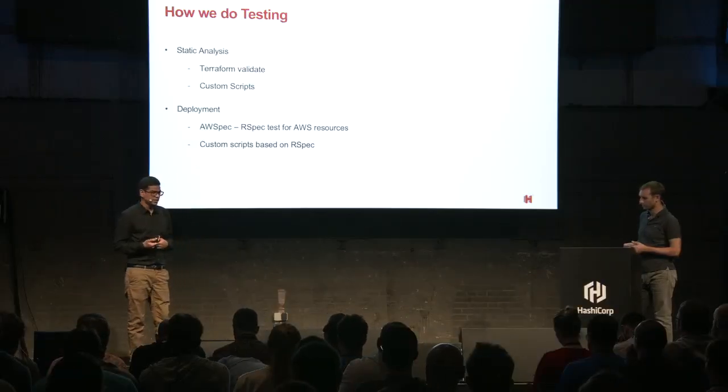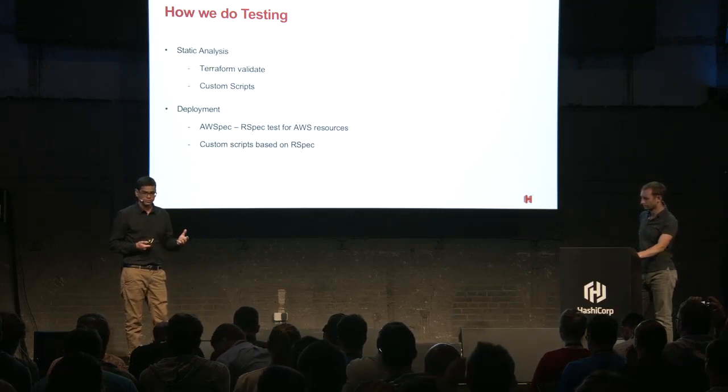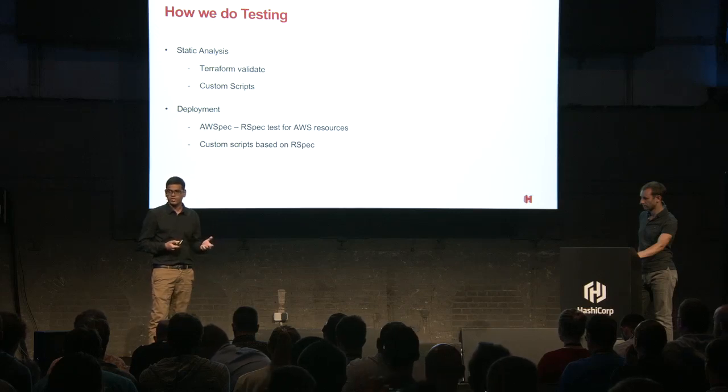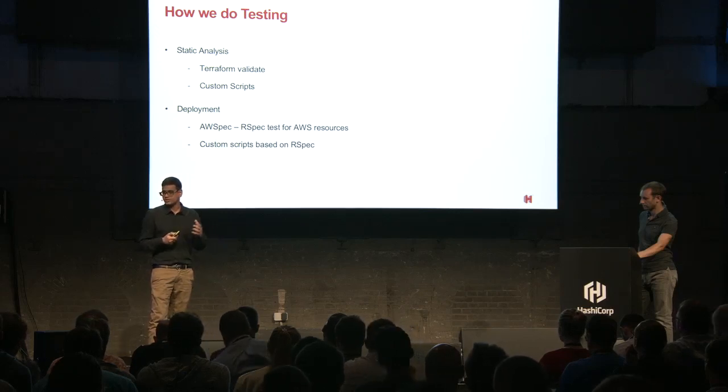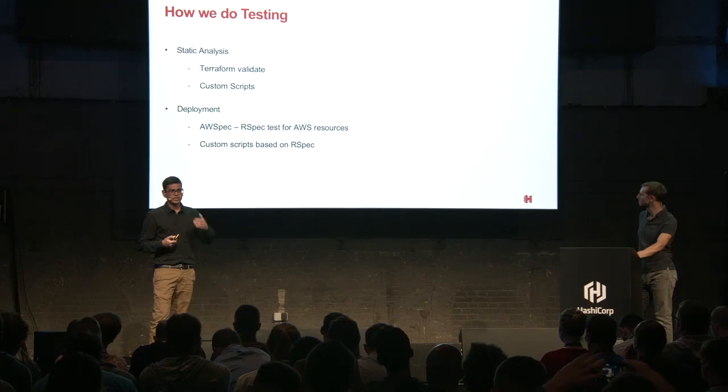So how are we doing testing? We don't have really extensive testing for Terraform at the moment. We do basic testing like static code analysis using Terraform validate, which just checks whether the Terraform syntax is right or wrong. And we have developed some custom Python scripts which scan the code and check whether it adheres to whatever governance rules we have.